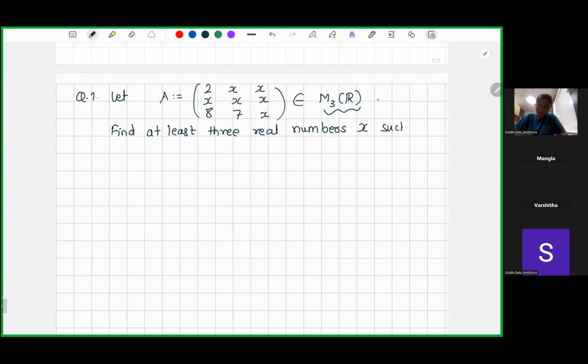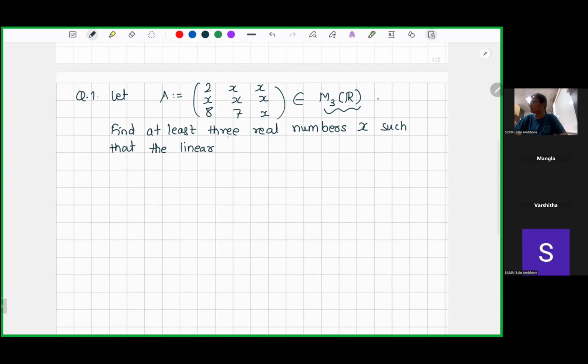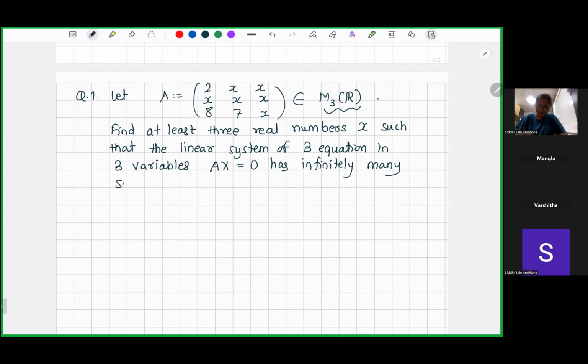x such that the linear system of 3 equations in 3 variables Ax is equal to 0 has infinitely many solutions.